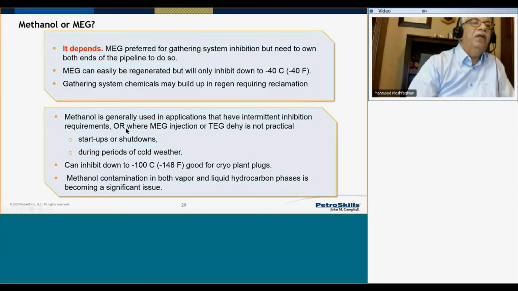Another choice: we may use methanol where MEG injection or TEG dehydration is not practical. An example of this would be cryo, where temperature is very cold. We may use methanol in the inlet of the turbo expander process, where we cannot do the TEG dehydration upstream of the cryo process.